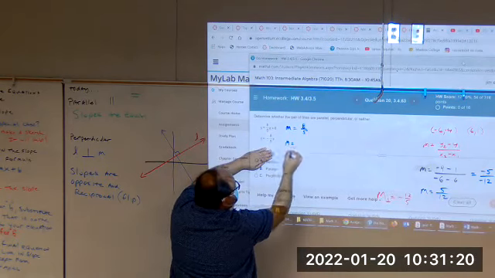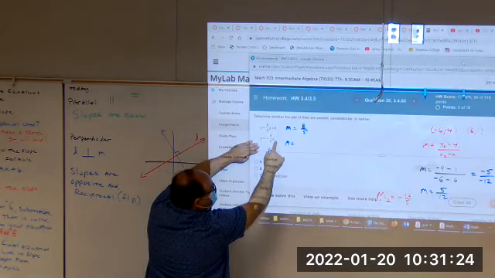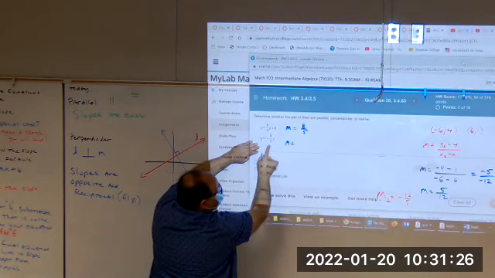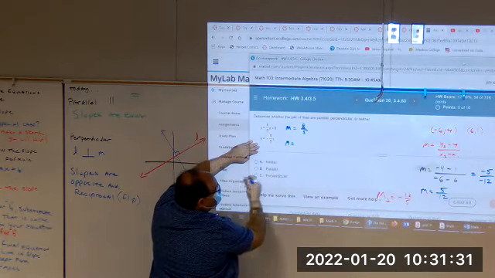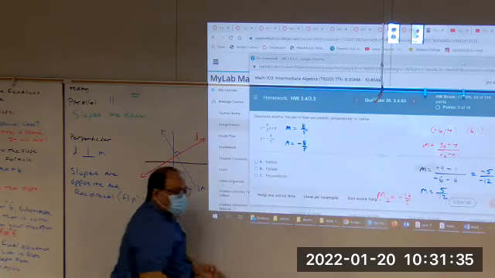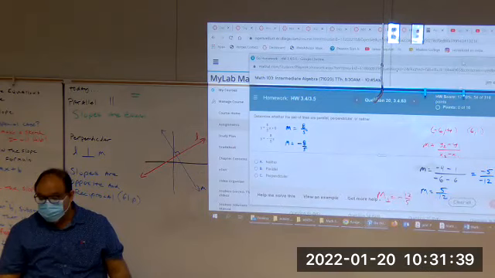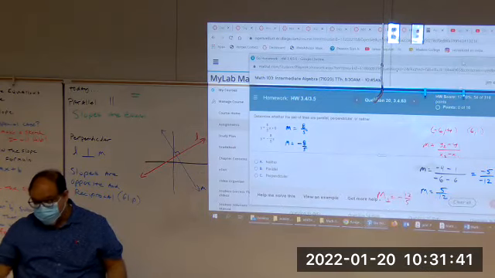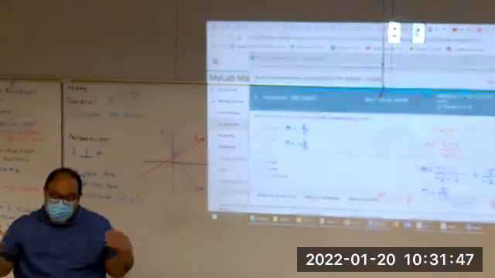And the slope of this second line, y equals negative 8/5x. And there's no constant, but that doesn't matter because I just need the slope. What's the slope of this line? Negative 8/5. So one's positive, one's negative 8/5. Are they equal? No, positive and negative 8/5 are not the same.